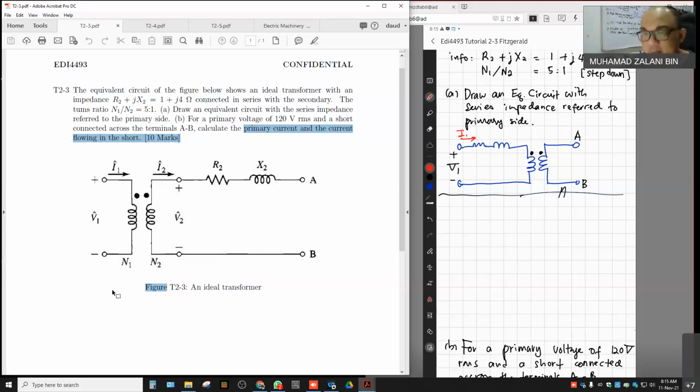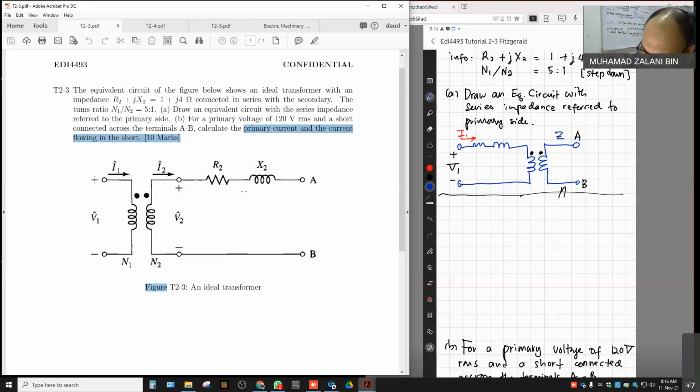So basically we have here in the question R2 and X2. So when we refer to primary side, whether we want to use R1 and X1, or also we can just use R2 prime and also X2 prime. That means prime means it has already referred to the other side. Let's say this R2 and X2, I represent it by using Z, which is the impedances at the secondary side, right?